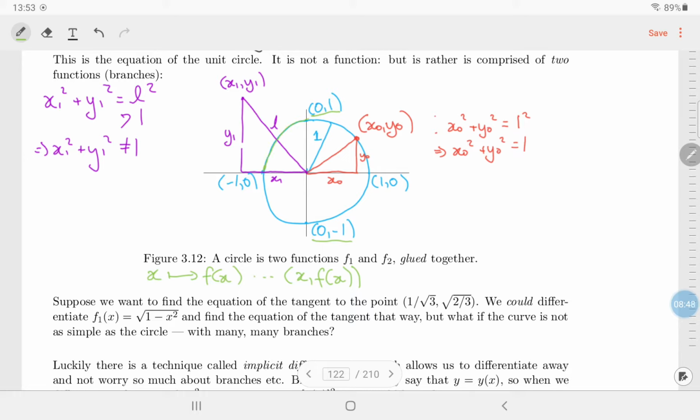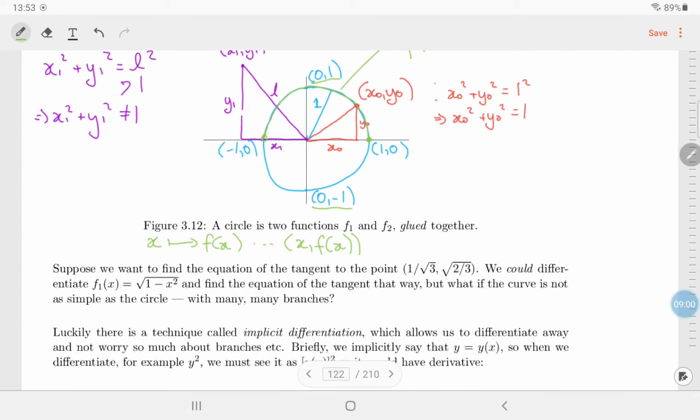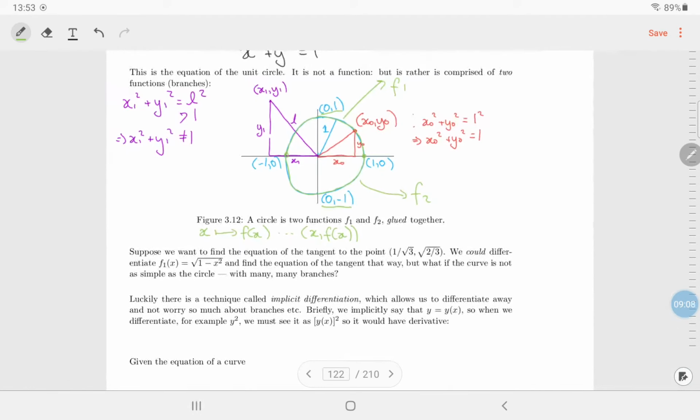The top, which I'm just going to write f1 here, because I write the formula down below, and the bottom, f2. So it's two functions glued together. And in theory, what you could do is differentiate, say if you want to know what's happening at 1 over root 3.